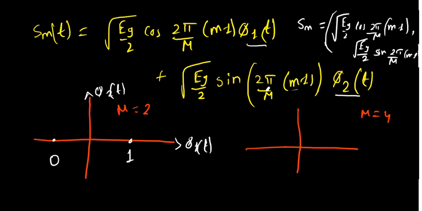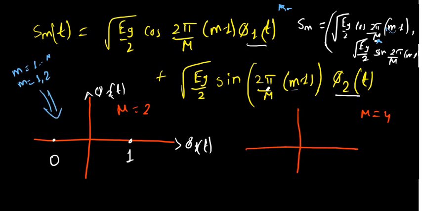Now for M equals 2, you can see it will be pi. There will be two different symbols, first for m equals 1, because m will range from 1 to capital M. Since M is 2, m is just 1 and 2 for the very first case.